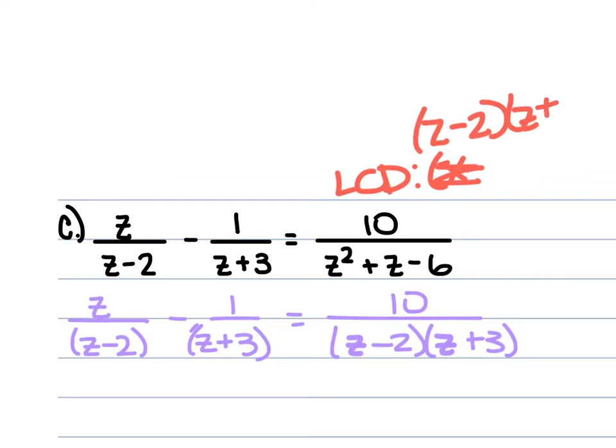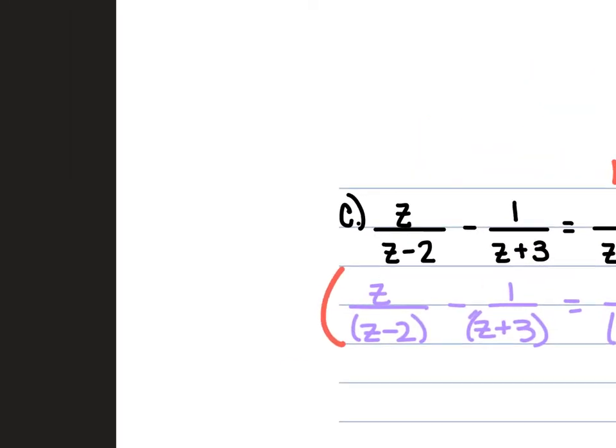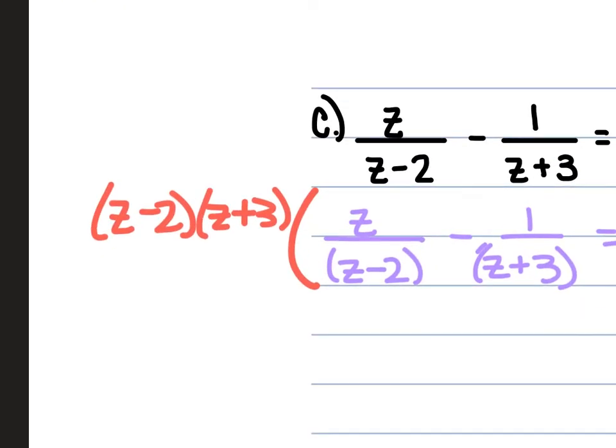All right, so we're going to multiply the entire equation by that z minus 2 times z plus 3. So with our first one, we are missing the z plus 3 there. So we're going to cancel this out and just do z times z plus 3. Our second one, we're going to have negative 1 times that z plus 3 cancel out.